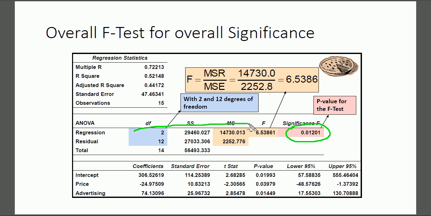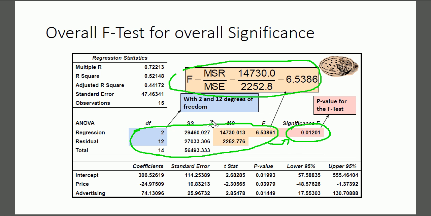Here are all the numbers that build up to this guy. Okay, so if you want to understand how we get F, you can kind of follow this equation, but really all we need here is 0.01201. And so depending on what our alpha is, we would make a decision.